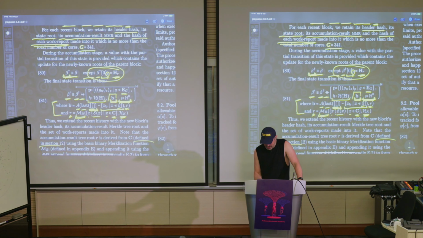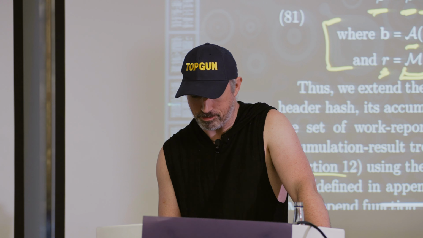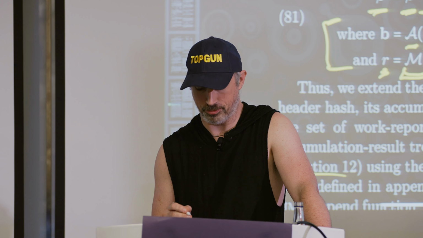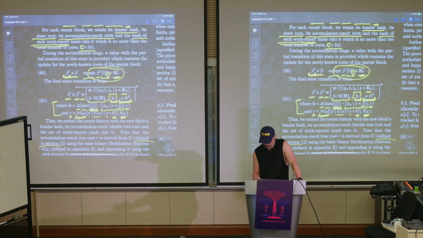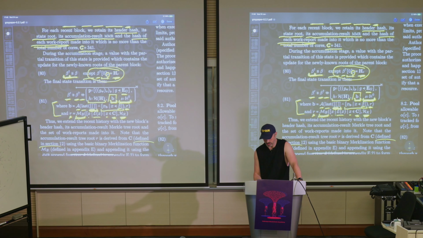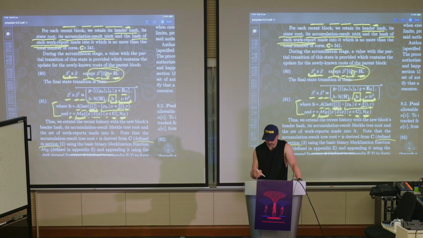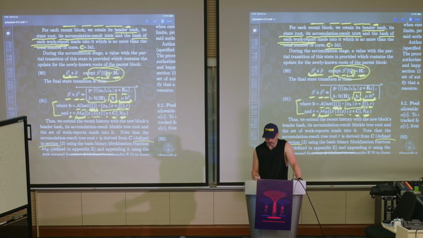Okay, then we've got P. If you remember, it's the hashes of the work packages that we are processing in this block. First, we go through our reports that are coming in, our work reports, one for every core, or at least at most one for every core. In general, there should be one for every core. And we are going to extract the work package from it. It's a bit deep into the data structure as it's formalized here.